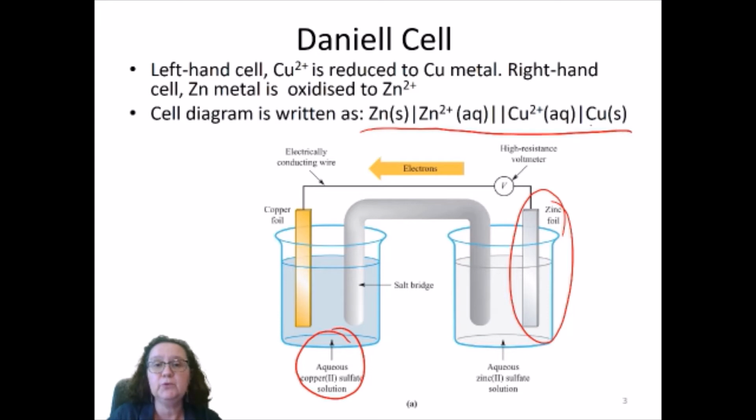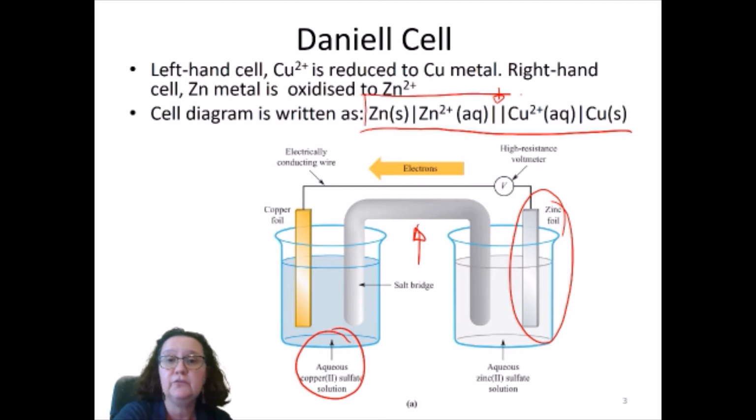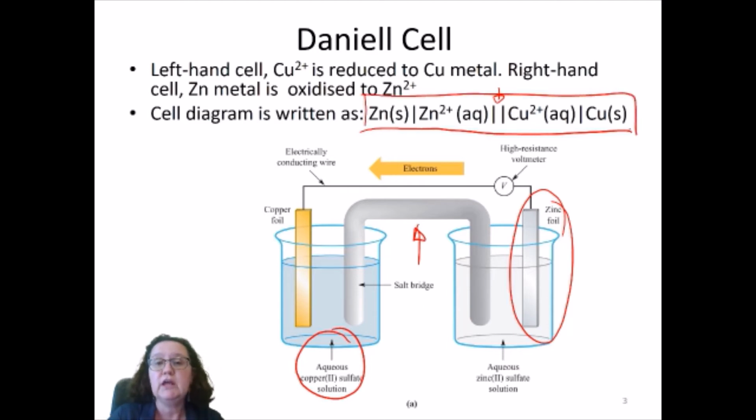We first put the oxidation process, and we specify the state of the metals or ions. These two lines mean a salt bridge, so it's representing this part of the cell. And then on the right-hand side, you have the reduction process. This is a standard way of presenting the information in a cell.